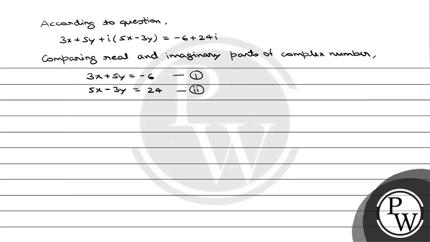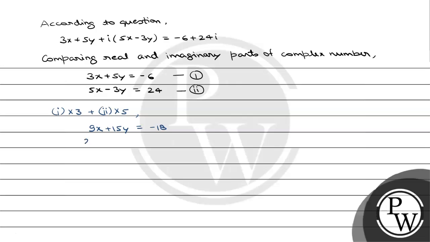For that purpose, we'll multiply equation number 1 with 3 and then we will add it to equation number 2 after multiplying it with 5. Okay, so let's do that. We'll get 3 into 3 is 9x, 3 into 5 is 15y is equal to minus 6 into 3 is minus 18. Similarly, now we multiply equation 2 with 5.